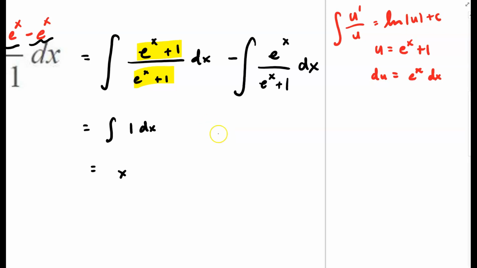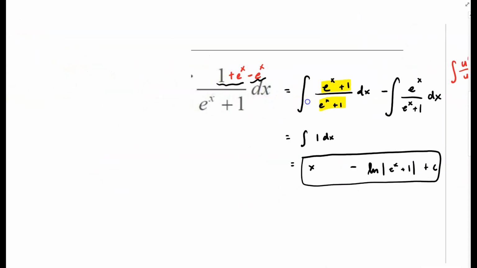Okay, so this is going to be minus natural log of the absolute value of u, which is e to the x plus 1, plus our constant. And we are done.